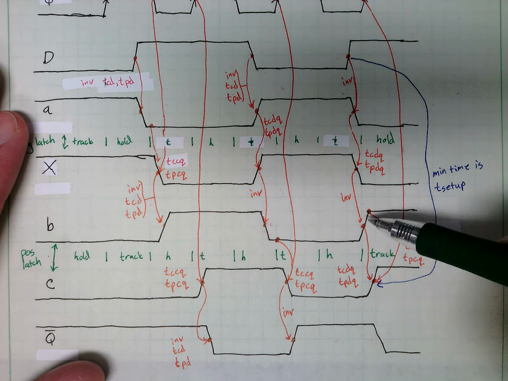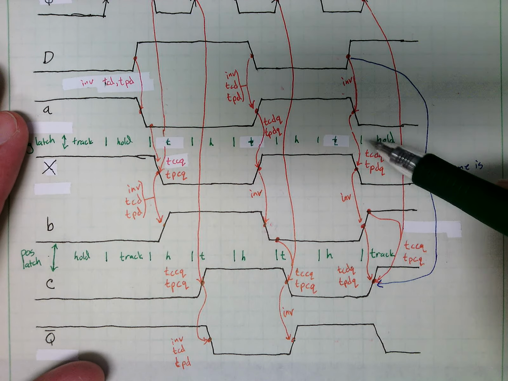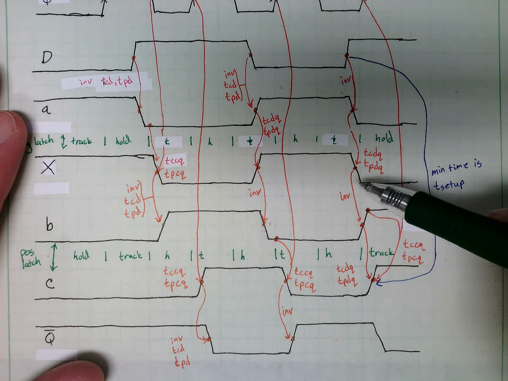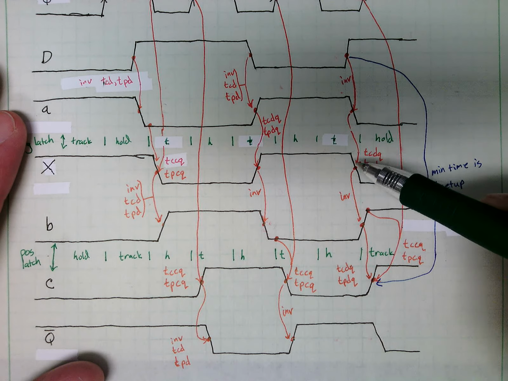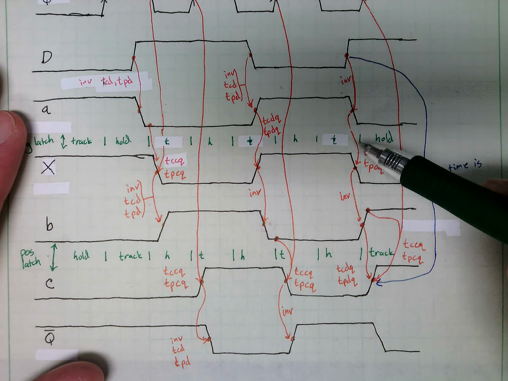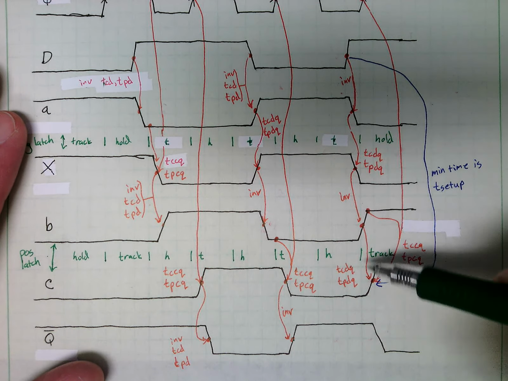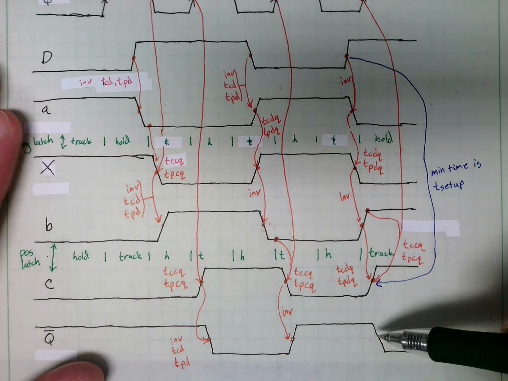When we go from track to hold, this node X is going to quit changing. This connection is going to be broken between A and X. But we barely got it in before we went to hold mode, and then propagate through again, and we got down to C, and of course another inverter delay. That's all this is.